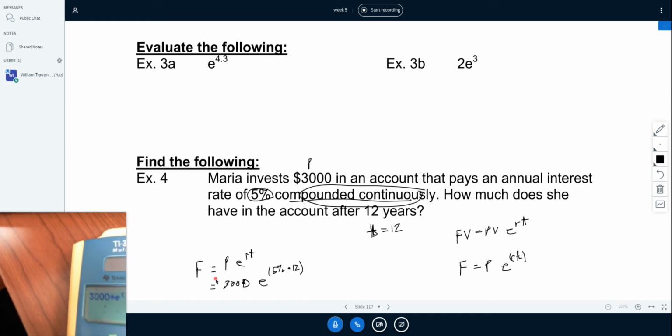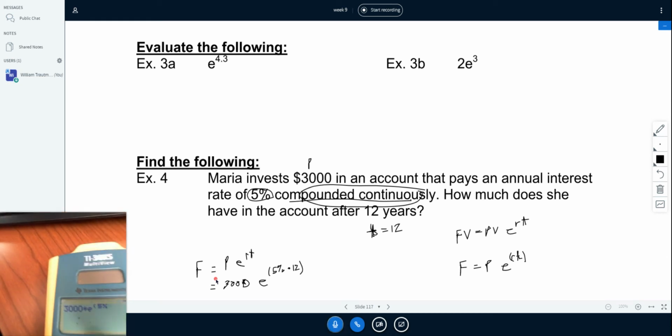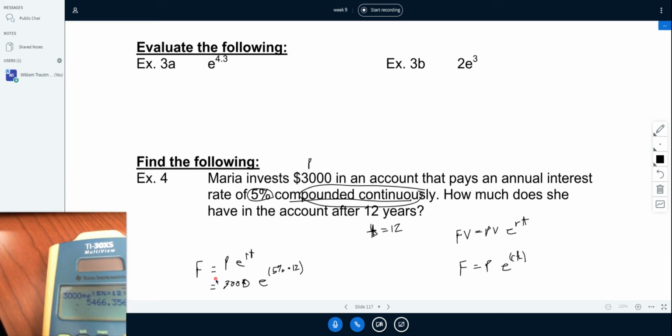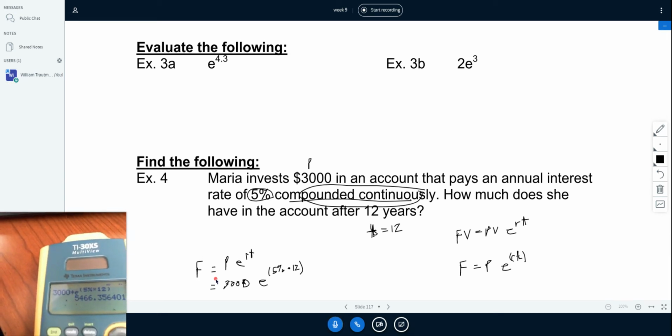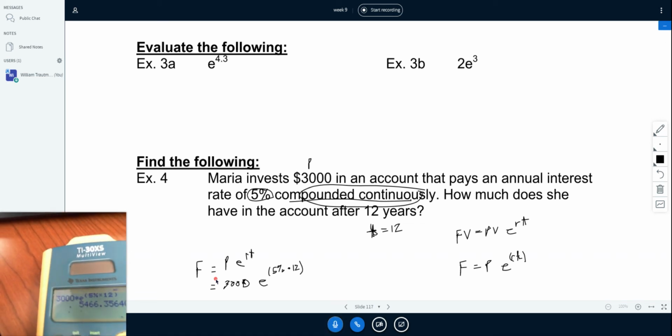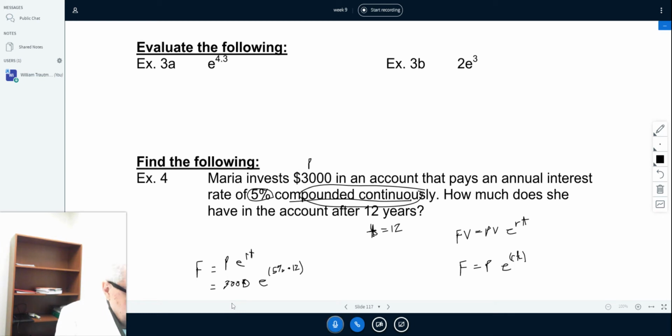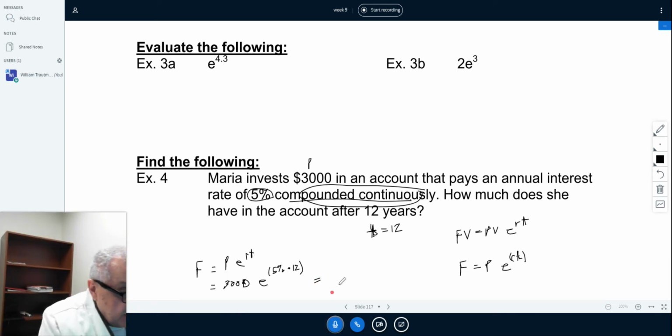Make sure you get that percent symbol in there. Times 12. And when I hit enter, I get $5,466.36 rounded. So my answer to this problem is 5466.36.